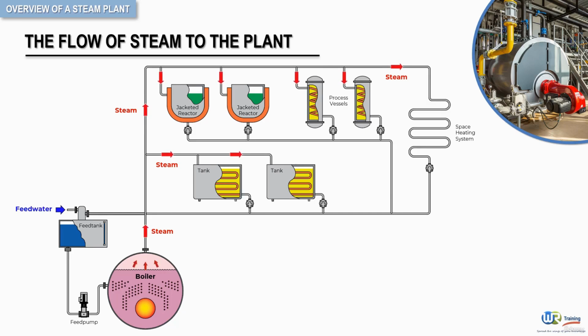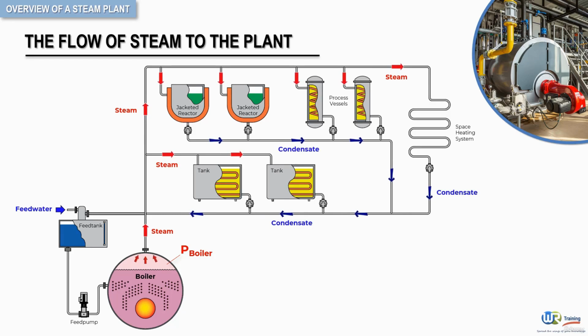We'll call P boiler the pressure of steam exiting the boiler. When steam is used as a heat transfer fluid, its temperature decreases. This drop in temperature condenses the steam and gives condensate as seen here.